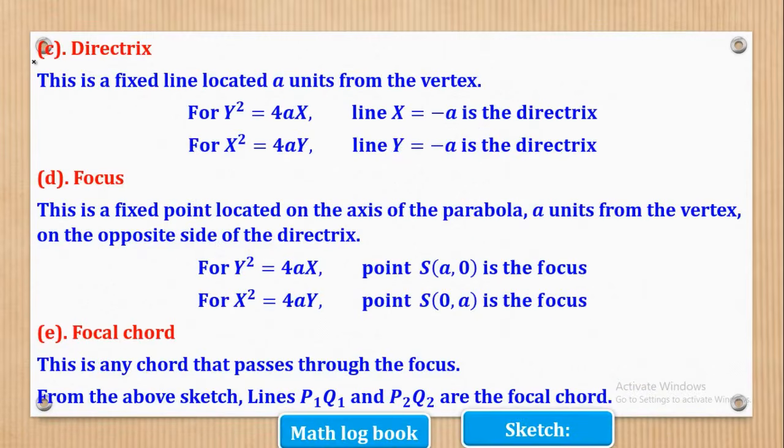So that was vertex. Now we shall go to directrix. The directrix is a fixed line. I think you already saw this. It is a fixed line located a units from the vertex. Therefore, if the parabola is in this form, then the directrix will be x equal to negative a, as we saw it here.